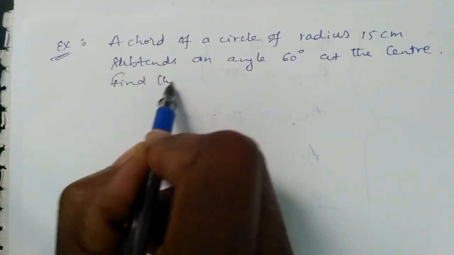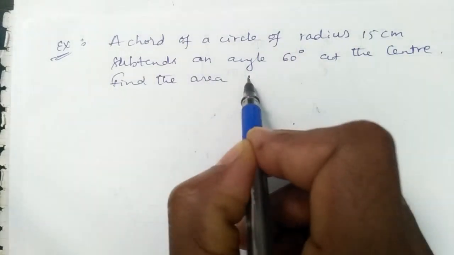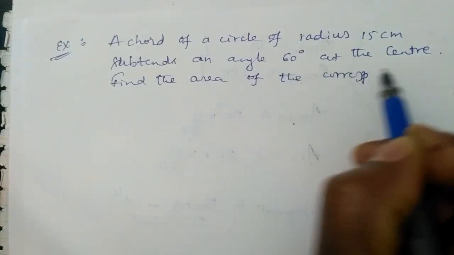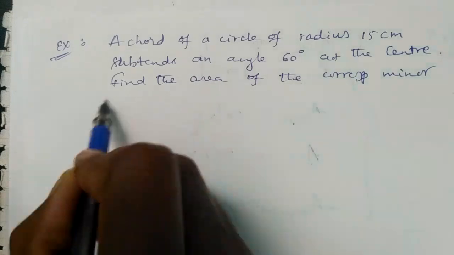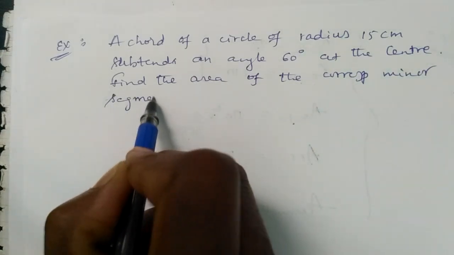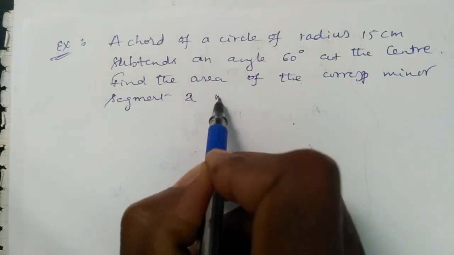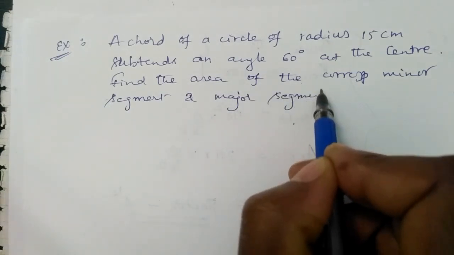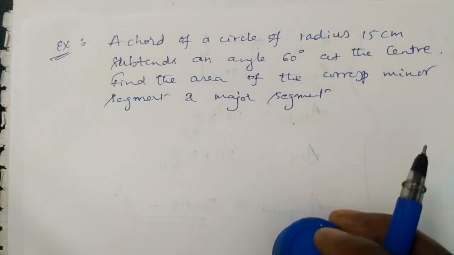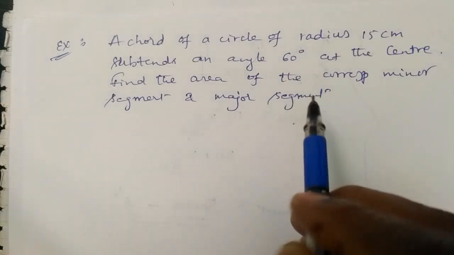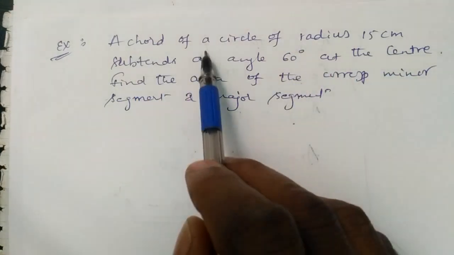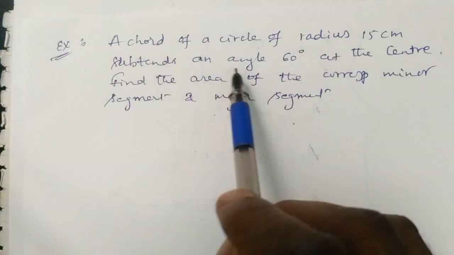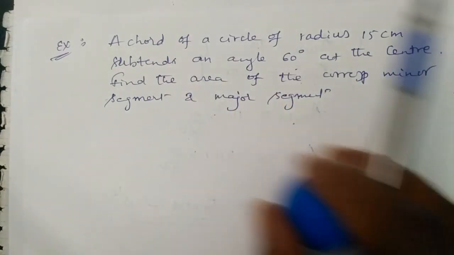Find the area of the corresponding minor segment and major segment. This is the given question. A chord of a circle of radius 15 centimeter subtends an angle of 60 degree at the center.